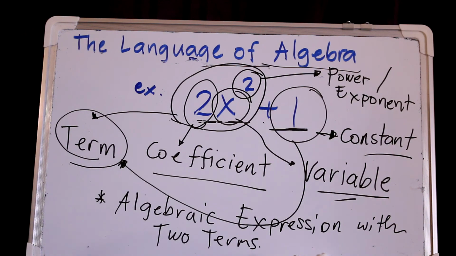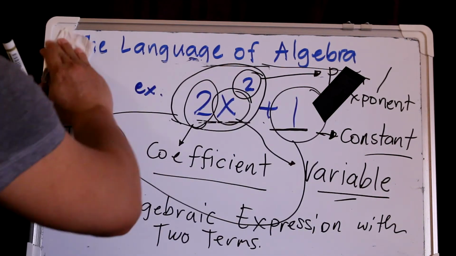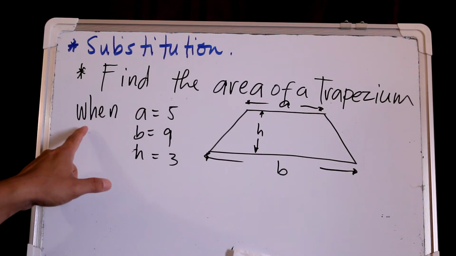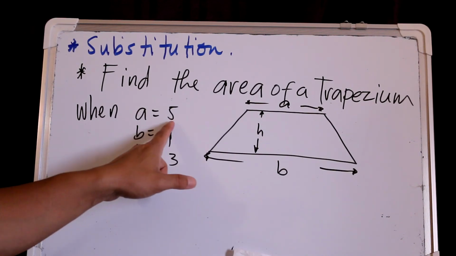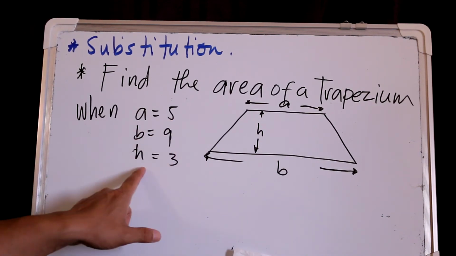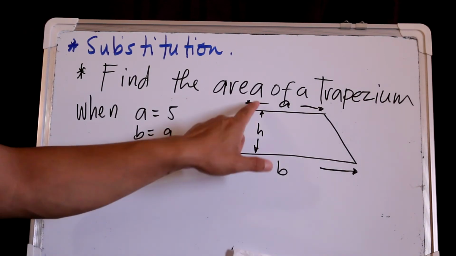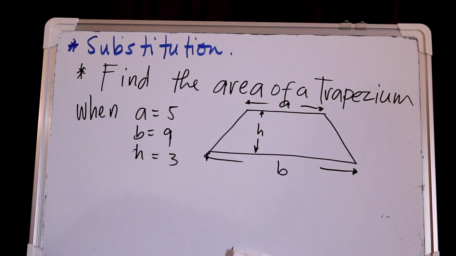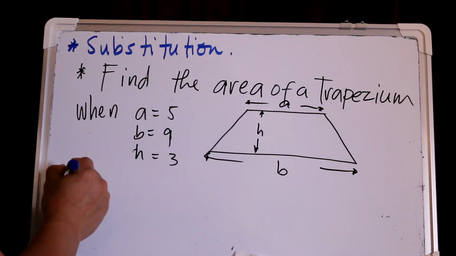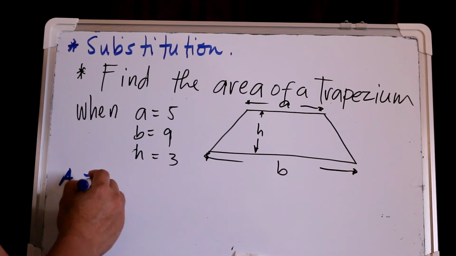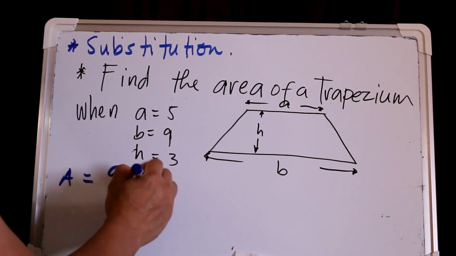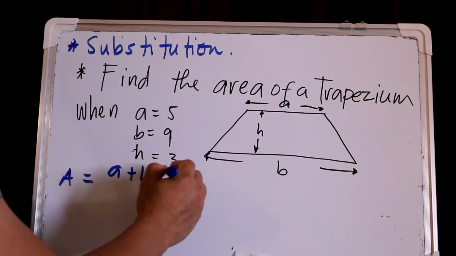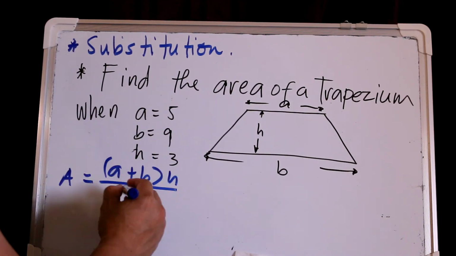Let's talk about substitution. I have here an example. Find the area of a trapezium when A equals 5, B equals 9 and H equals 3. The formula of the trapezium is area equals A plus B times H over 2.